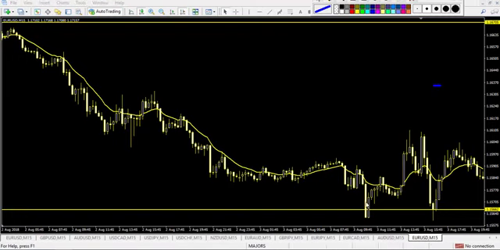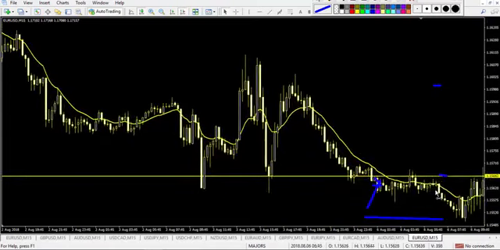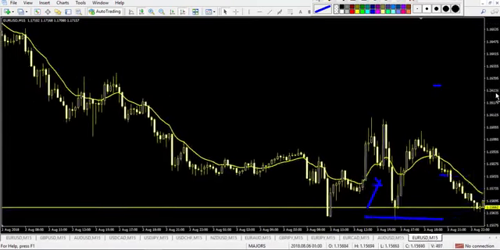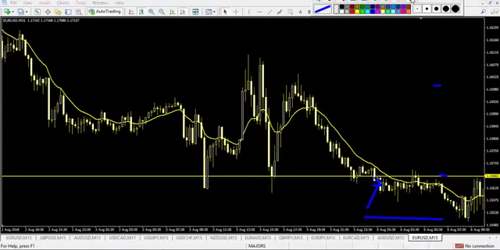Break the 13 EMA right here, come back up and come back to make the low right here and break the EMA right here. So stop loss here, and let's see what happened just after. Oh, it's a losing one, it's a fake one, so we lose some, we win more.